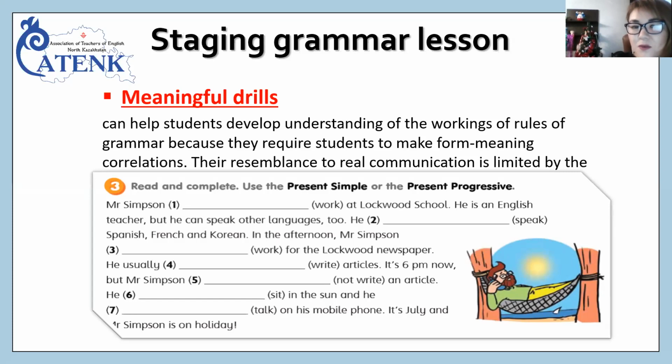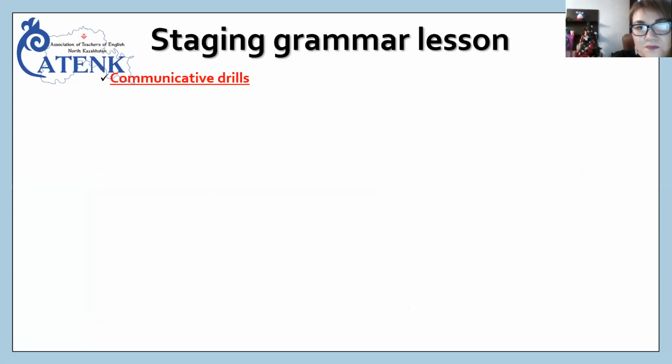Their resemblance to real life communication is limited by these exercises, but still there is some improvement over what we saw in mechanical drills, but still not the best way how we would drill or practice the newly acquired grammar input.